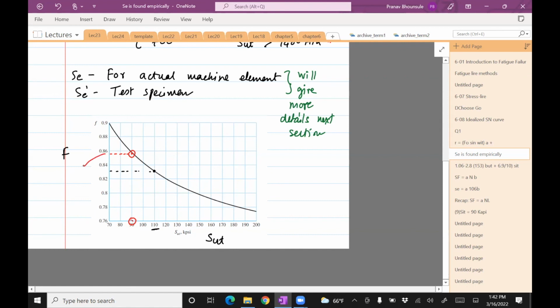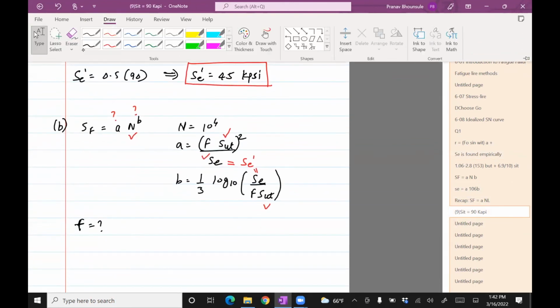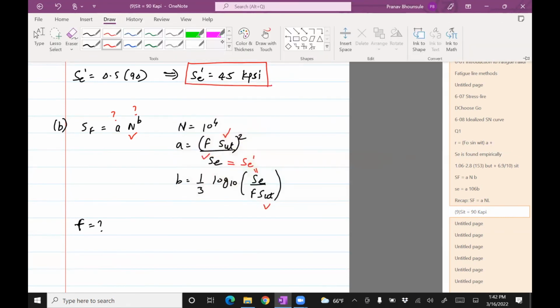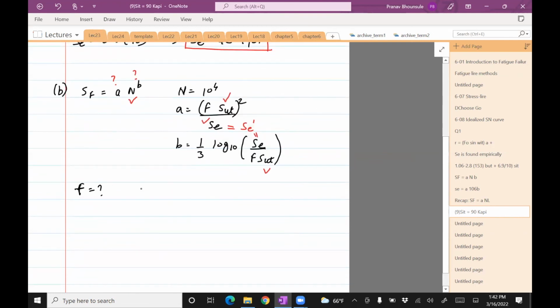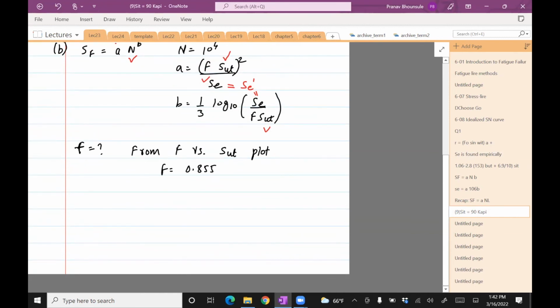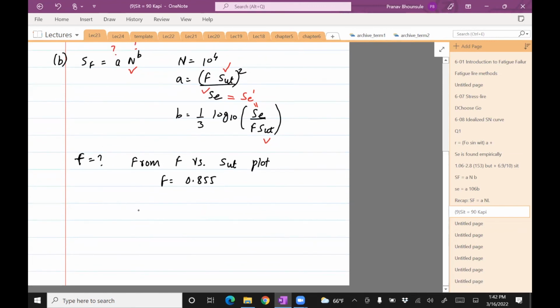We want to take 0.855. Let's do that. Okay, so we have all the things we need.